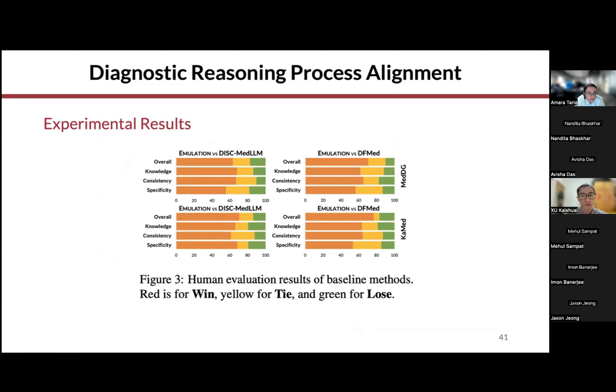Such responses are not very specific for the patients, and the patient will feel confused about them. So we ask the doctors to evaluate the response on specificity. Actually, our model behaves better than the baseline model in these 3 aspects.